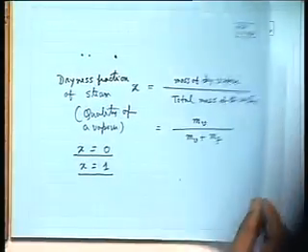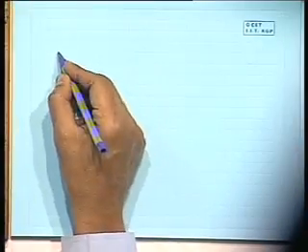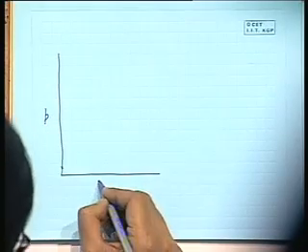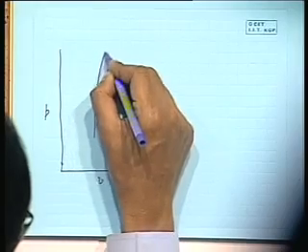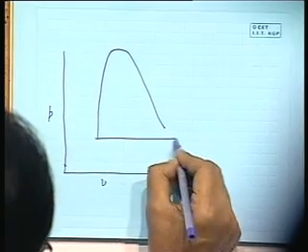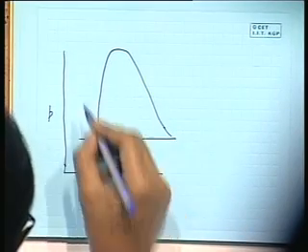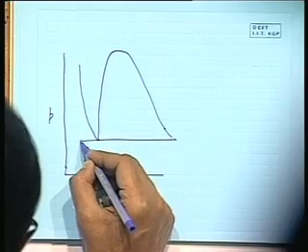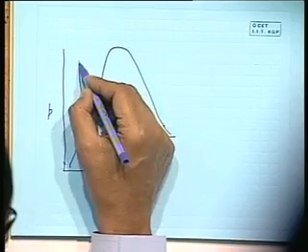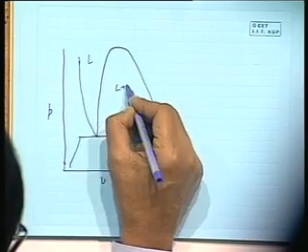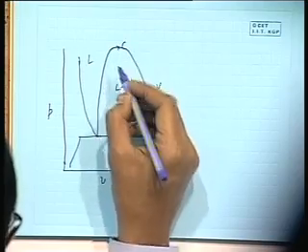So now if we draw the PV diagram like this, we are only interested in the liquid plus vapor region. Now this is the critical point.